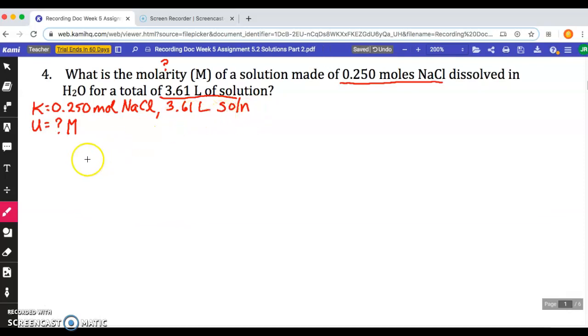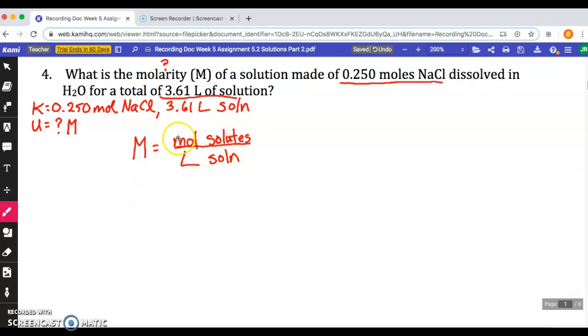Okay. And next, I would want to put up the formula for molarity. The formula for molarity is capital M equals the moles of the solutes divided by the liters of the solution. All right.